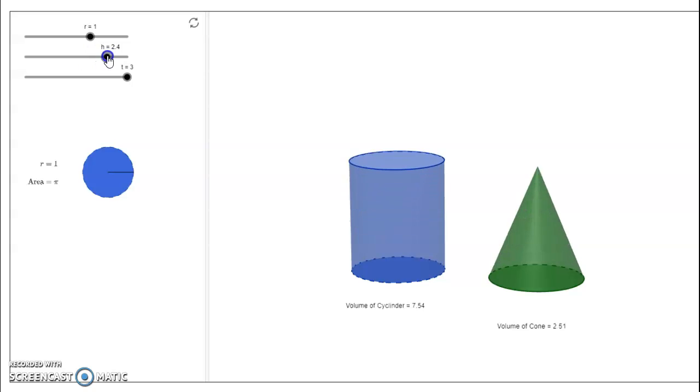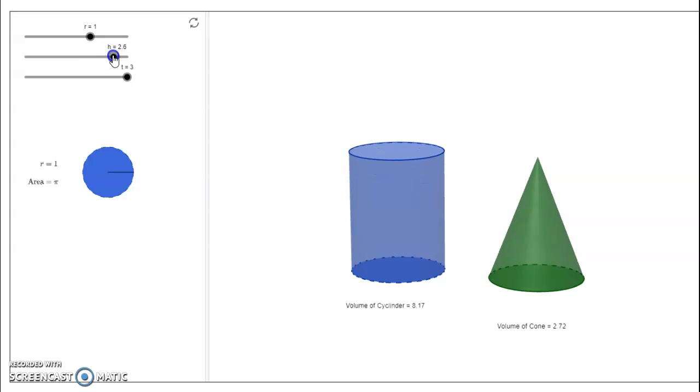I can adjust that here. What's interesting is to take a look at how their volumes compare. At this moment, the volume of the cylinder is 6.6 and the cone is 2.2. You might notice that the volume of a cone is actually a third of the size of the cylinder, or the cylinder is 3 times bigger.